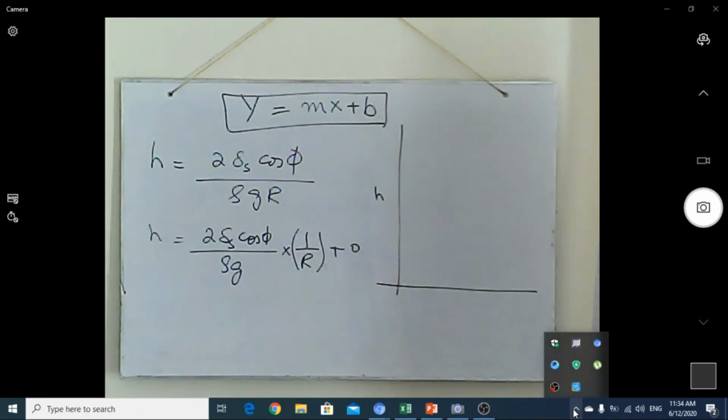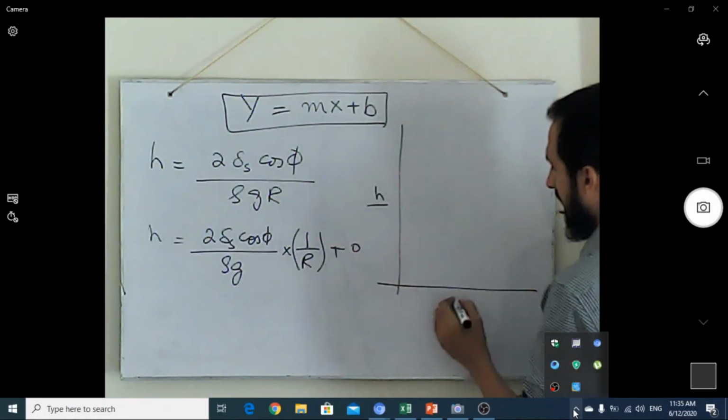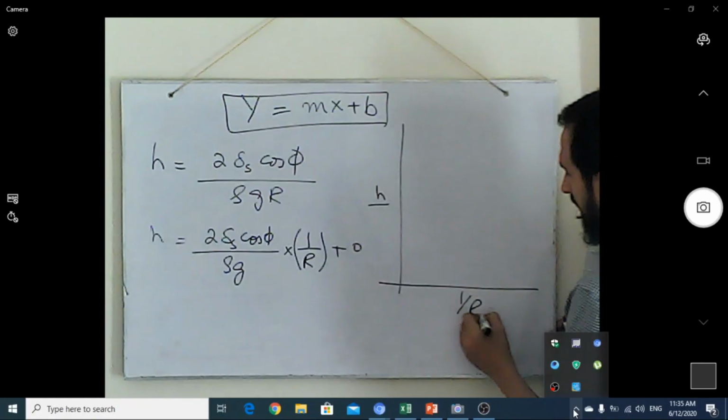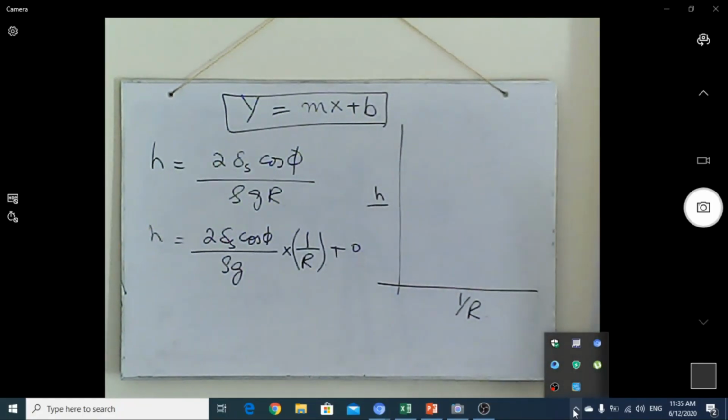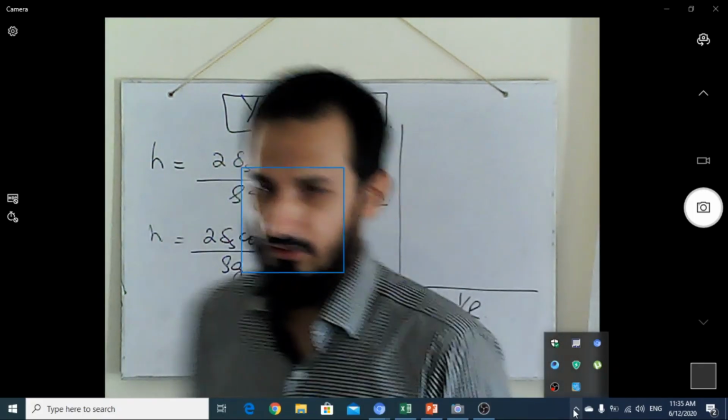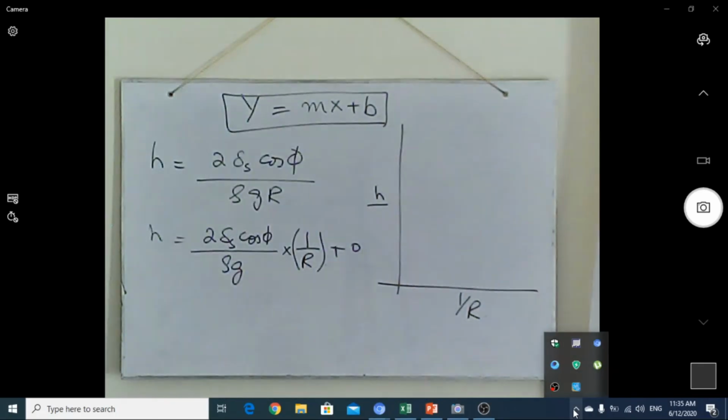So what I have to do is plot h against 1 over r in order to get a straight line. I solved it in that manner in the Excel sheet, because I have various values.